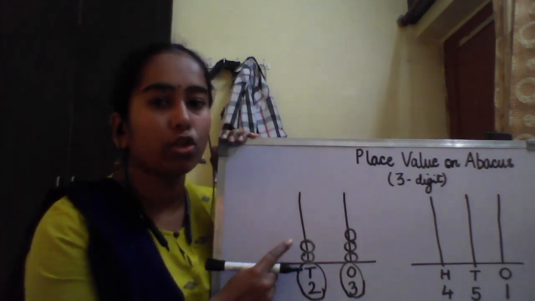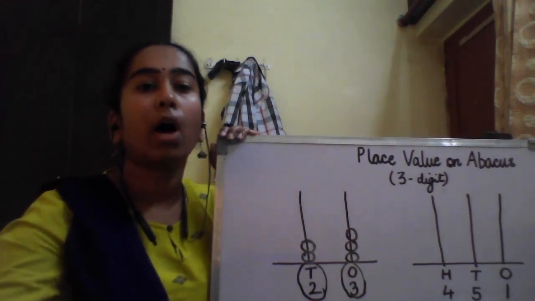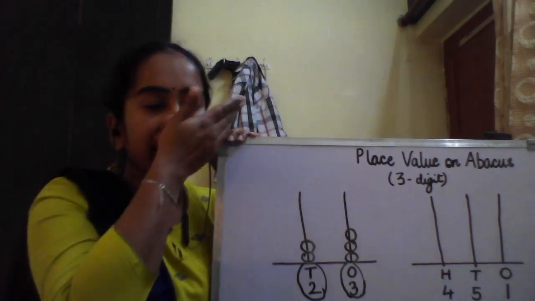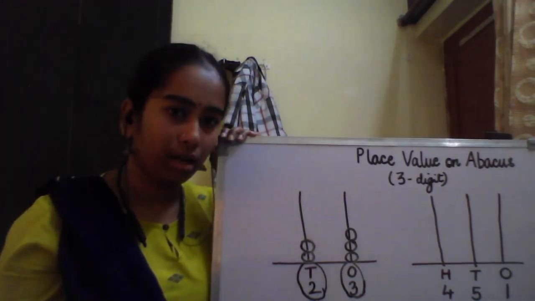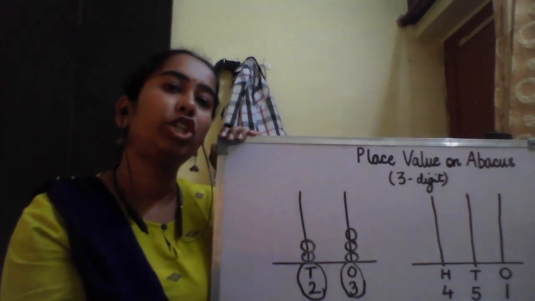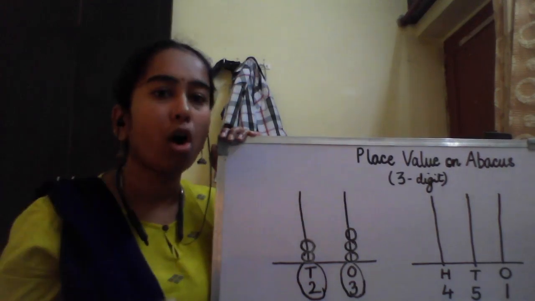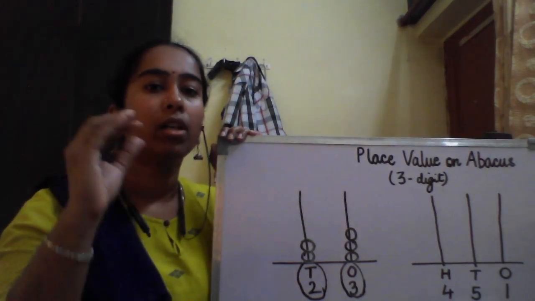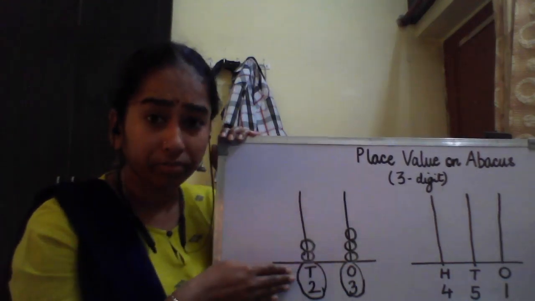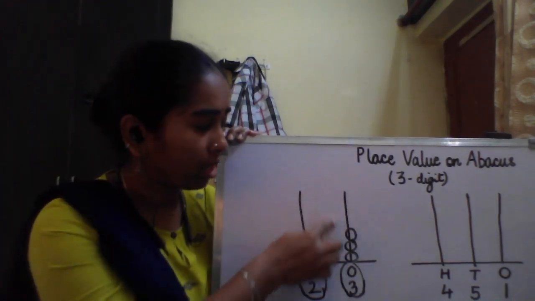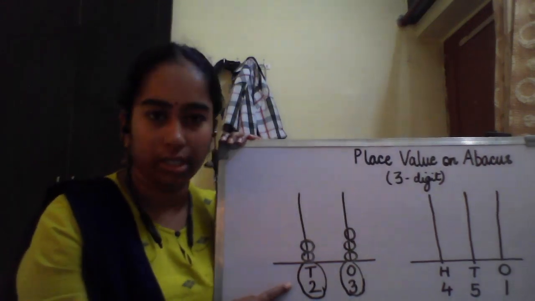So this is 23 on an abacus. So how are you going to represent a number on the abacus? You will see which digit is in the ones place and which digit is in the tens place, and then you draw those number of beads in the respective spikes. All right, so this was a 2-digit number.